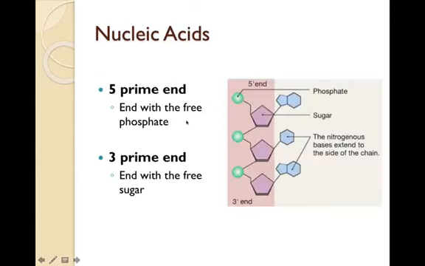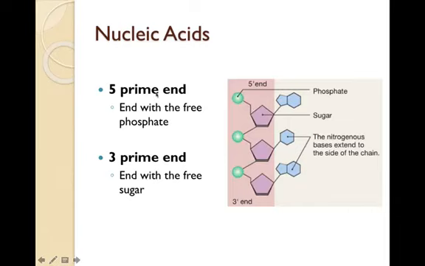When we look at nucleic acids and some of the nomenclature, this green molecule is the phosphate. It's attached to the 5' carbon, the fifth carbon, so they refer to that as the 5' end.